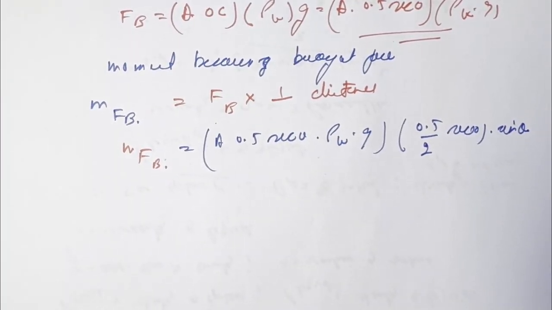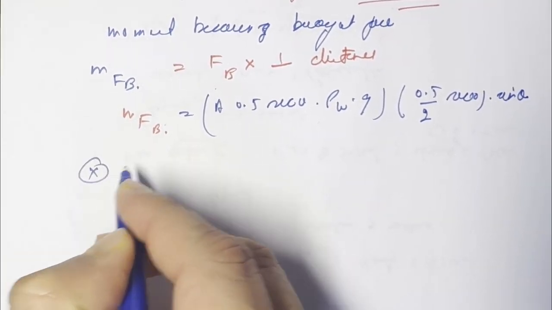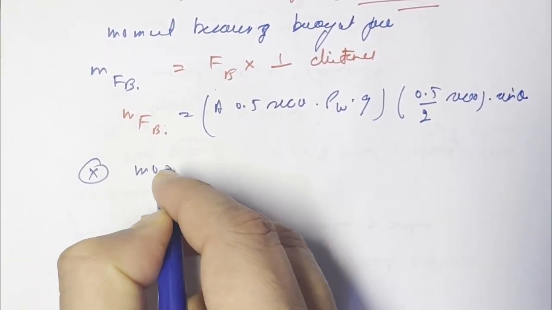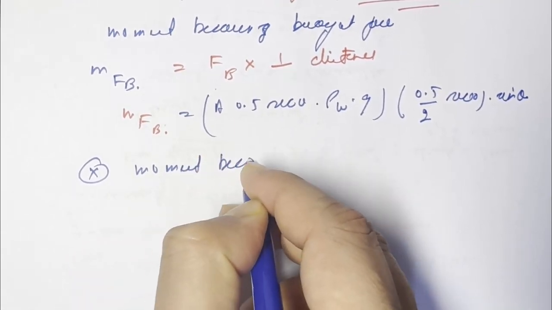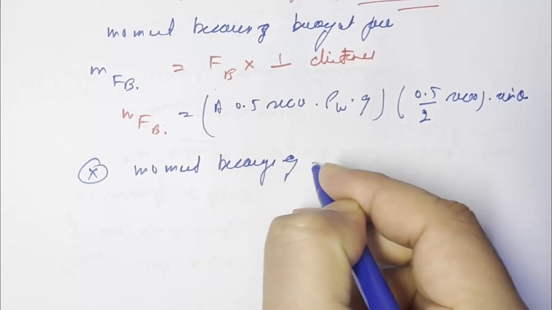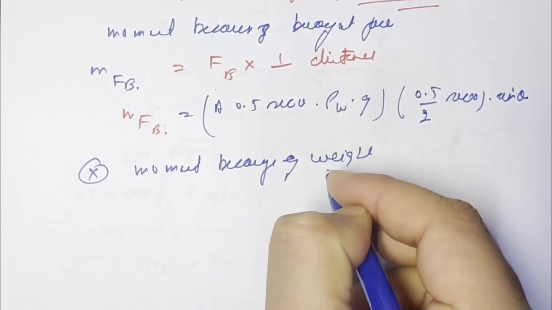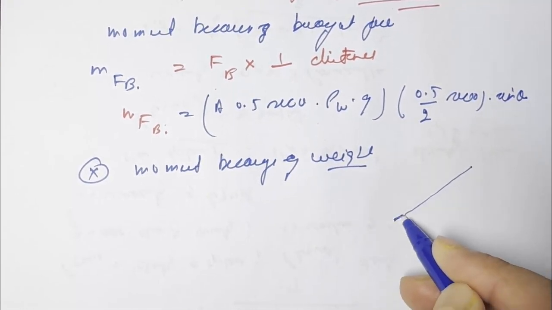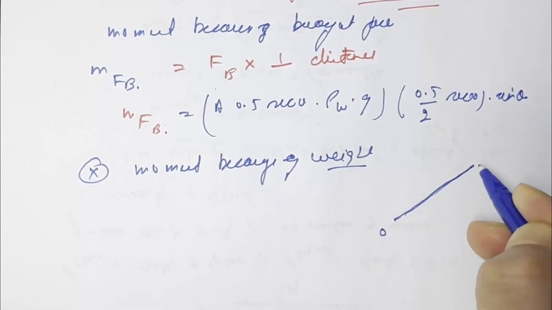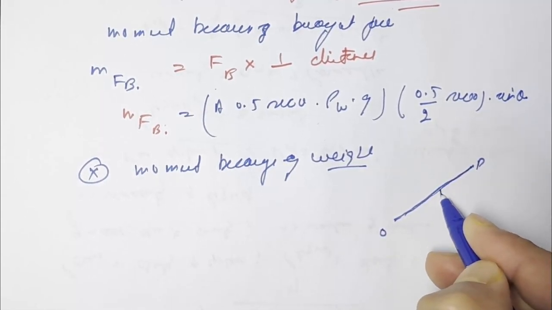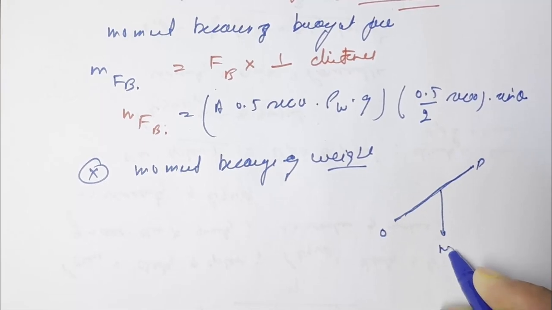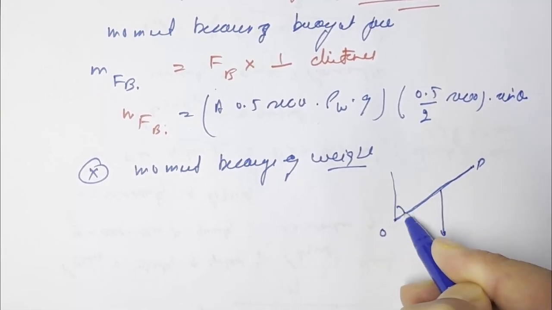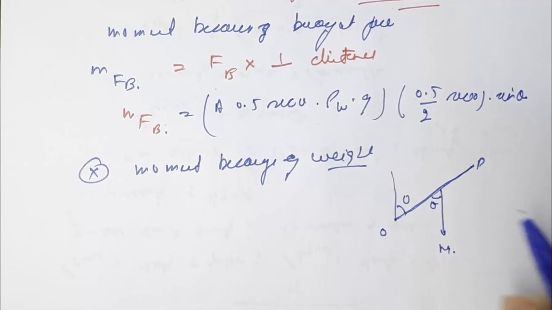Similarly, we can find out the moment because of the weight. So this is our OD, and we have a weight in the downward direction, that will be mg. This angle is theta, so this angle will also be equal to theta.